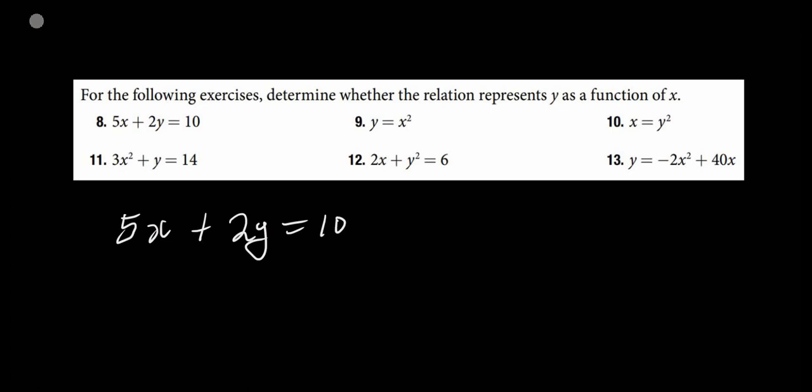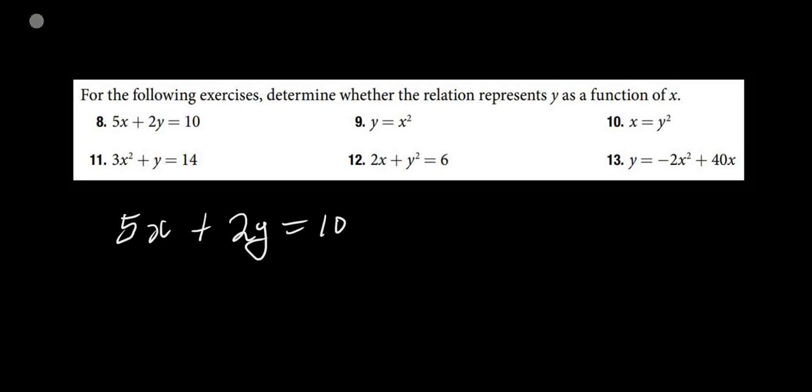Now, the first thing we're going to do is to write this equation in terms of y, or make y the subject of this formula. To do that, we are going to subtract 5x from both sides. And when we do that, this becomes 2y is equal to 10 minus 5x.